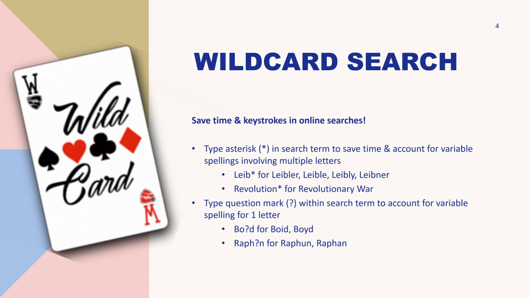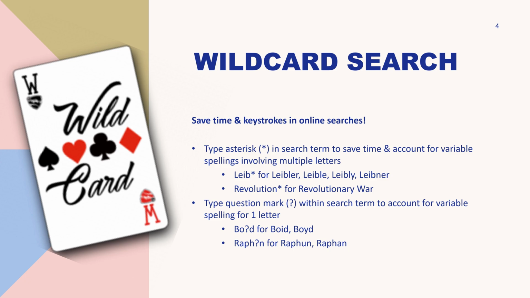Another tool is to use a question mark within a search term to account for variable spelling for one letter. For example, I've seen the surname Rafin spelled ending in UN and other spellings ending in AN in documents. A question mark could be substituted for the vowel when doing the search.